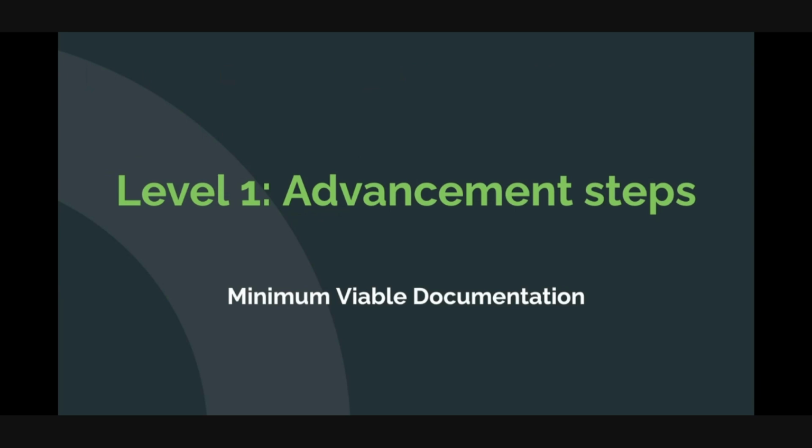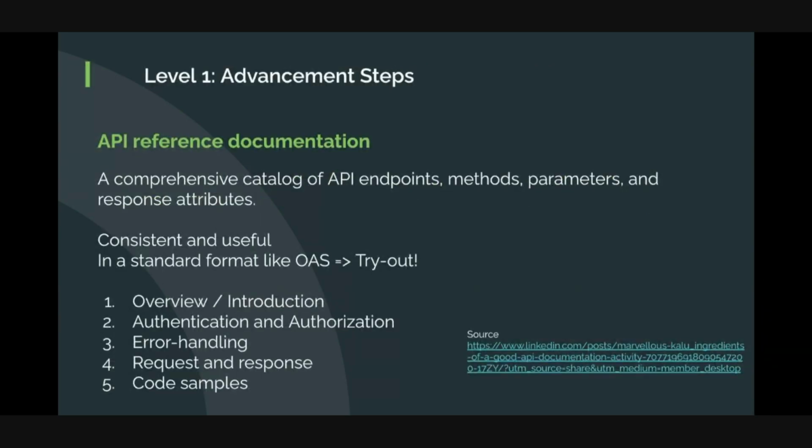As your content matures, focus on the official documents, like the minimum viable documentation. The API reference documentation, of course, is the heart and soul of a developer portal, although we usually say that by itself it's not enough, but it should be complete and useful.